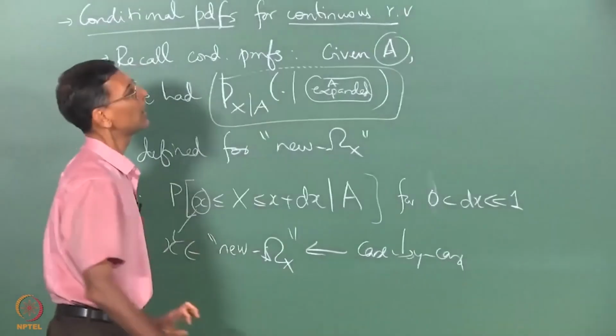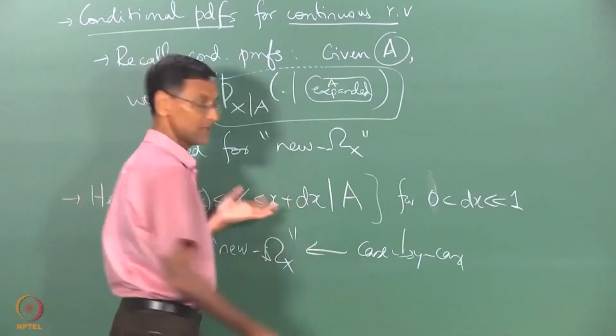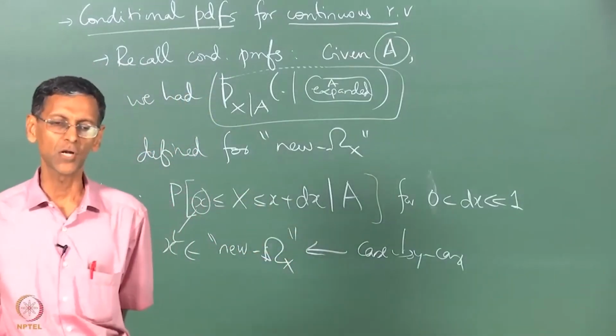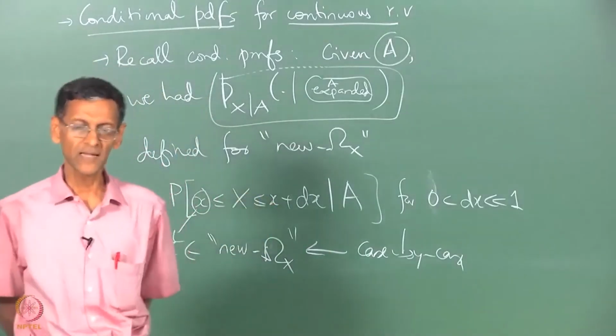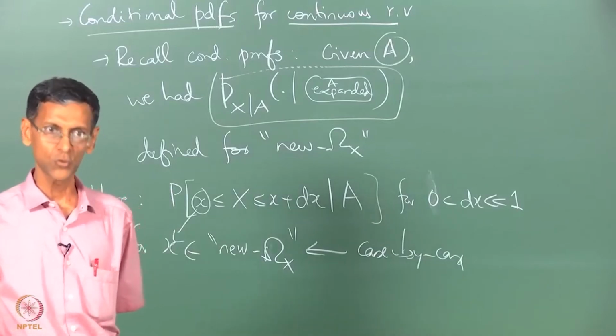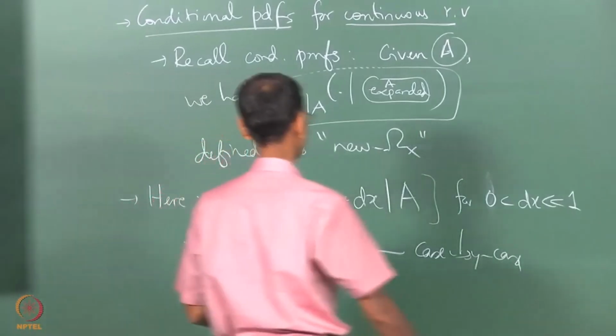And then how do we define the conditional density function? We just divide this by dx, and if you take only the first order term in the numerator, you would find that the ratio, like any derivative, tends to some finite value which is the conditional density, right.